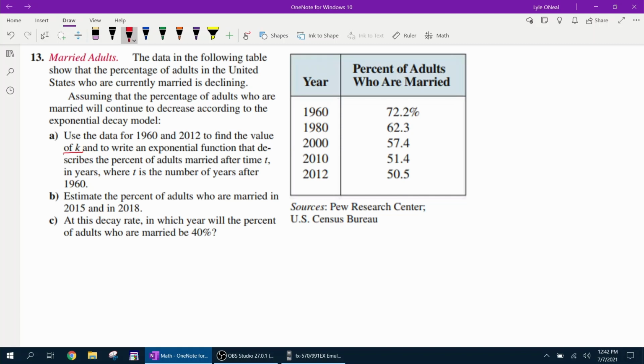And then it wants us to write an exponential function that describes the percent of adults married after time t in years, where t is the number of years after 1960, and that's also important. So we're going to be using the data from 1960, which is 72.2%, and 2012, which is 50.5%, to find our decay rate.